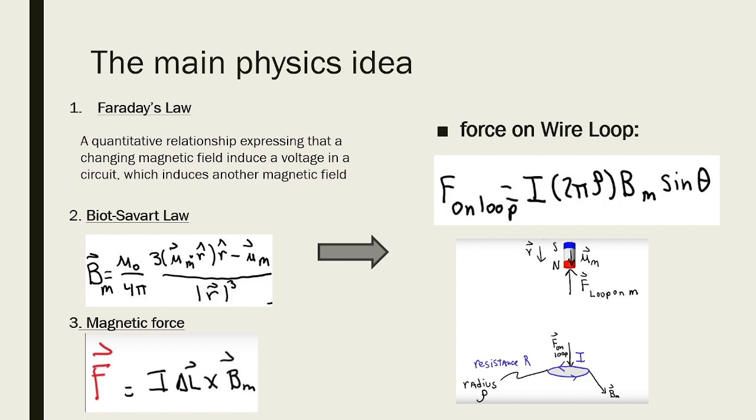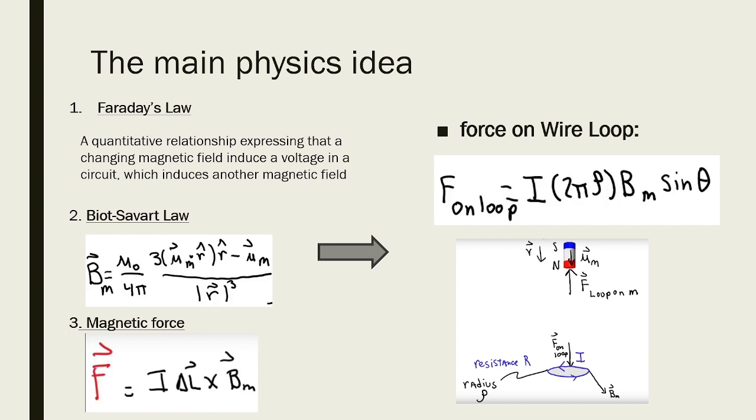So the main physics idea is composed of 3 theorems and equations. The first one is Faraday's law. It's a quantitative relationship expressing that a changing magnetic field induces a voltage in a circuit, which induces another magnetic field. We also have the Biot-Savart law, which is a general equation for the magnetic field.